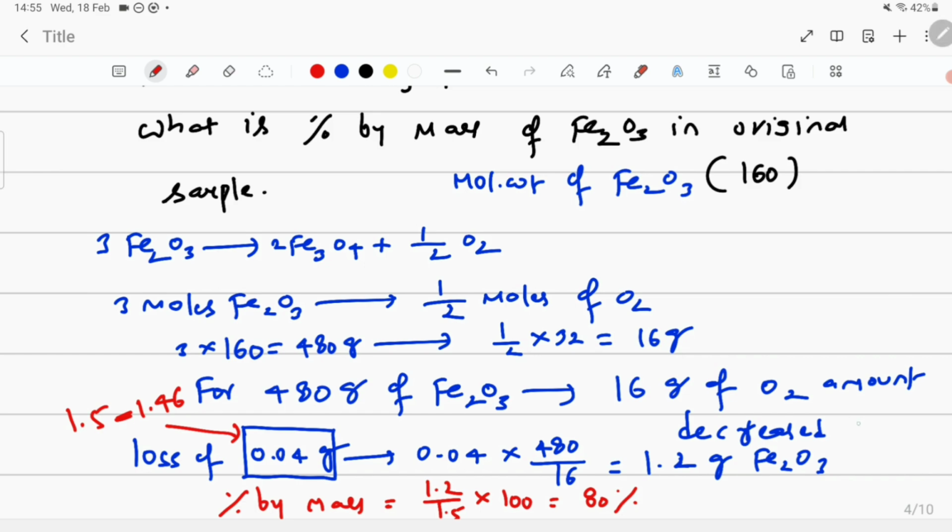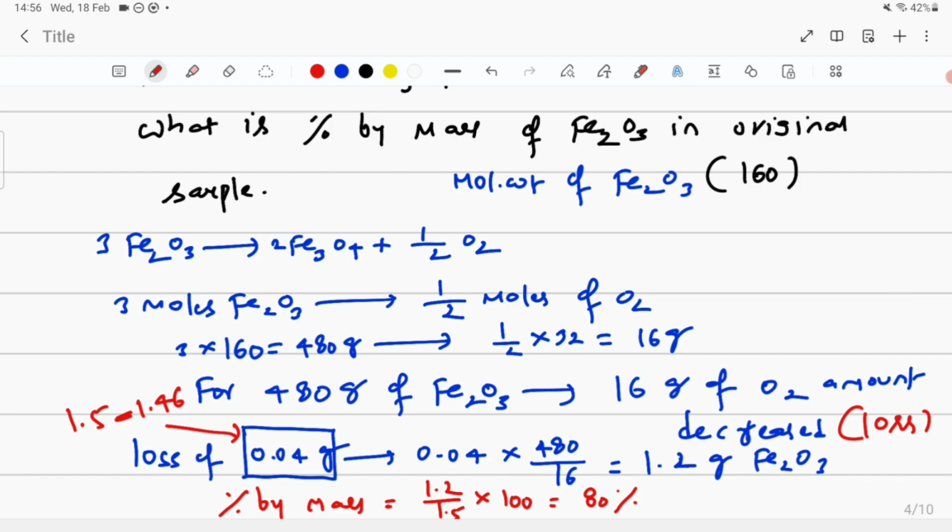Here decreased means the amount is lost. 16 grams of O2 lost for 480 grams, and for 0.04 grams, how much Fe2O3 is present? 1.2 grams we got. So overall percentage we can find: 1.2 by 1.5 into 100.